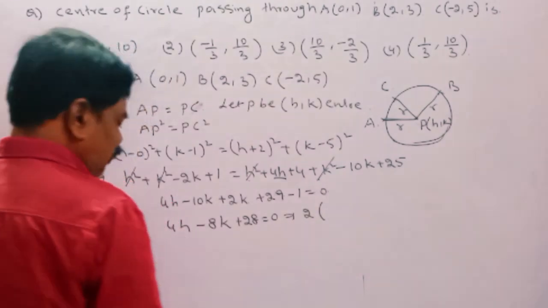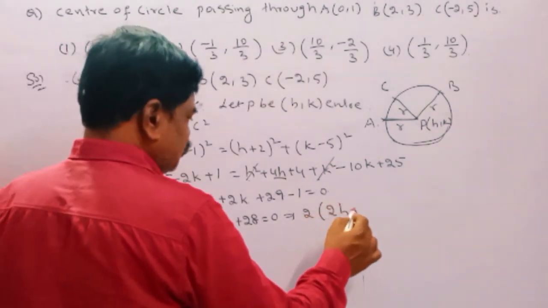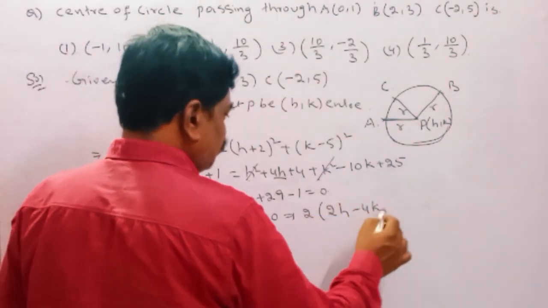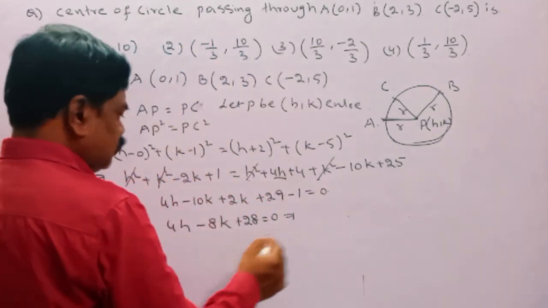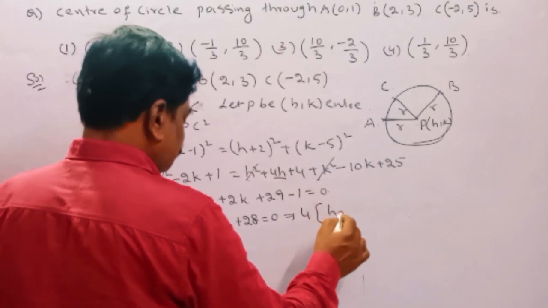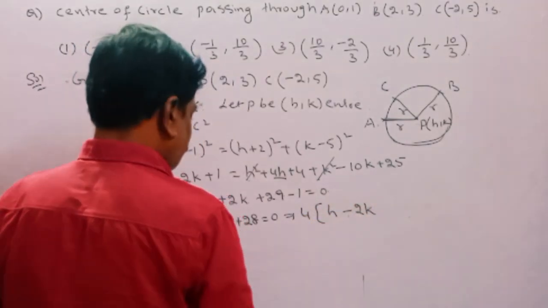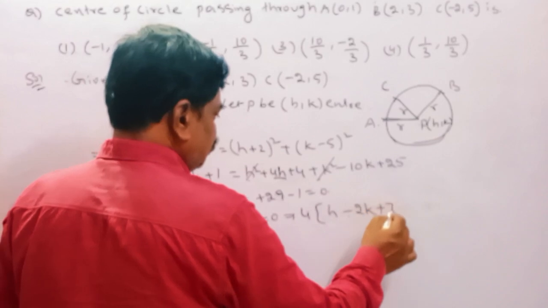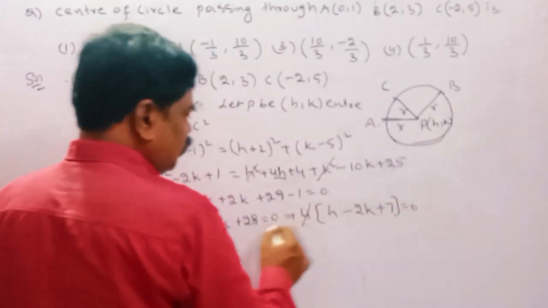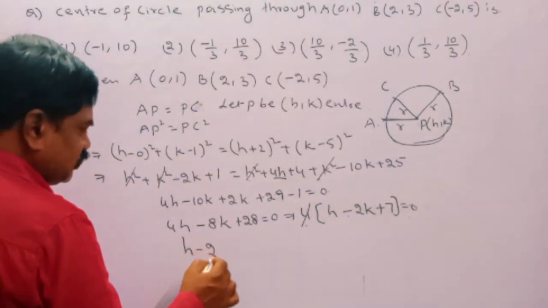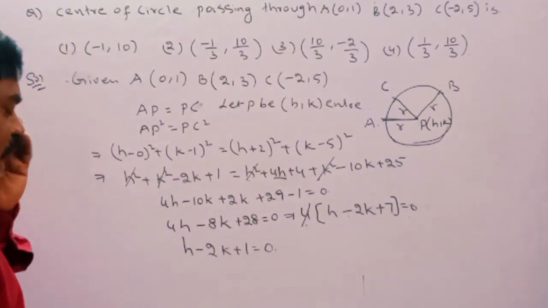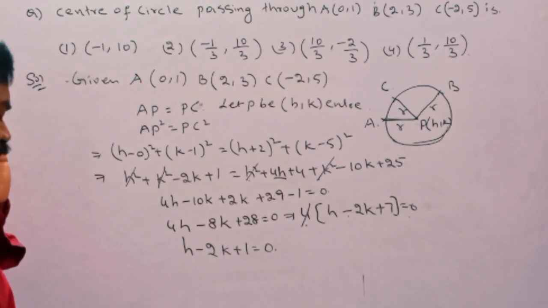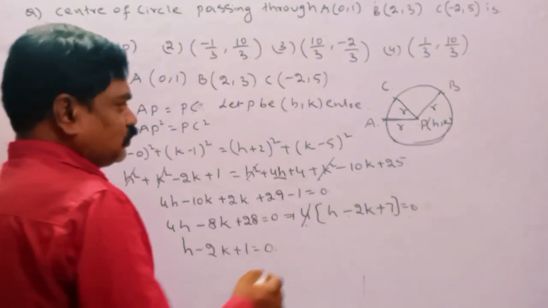Taking 4 as common, H minus 2K plus 7 equal to 0 is one equation. Then you have to solve this.